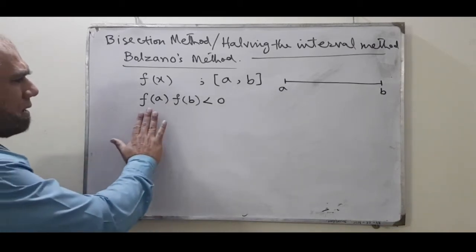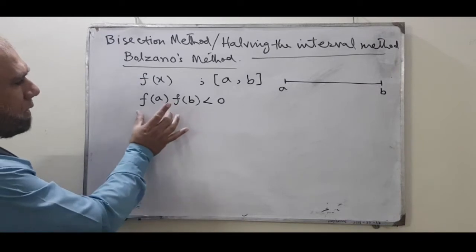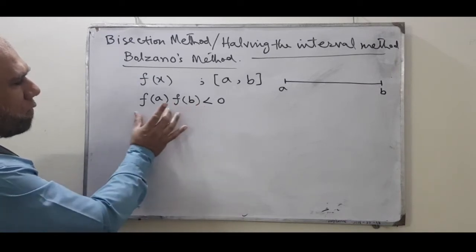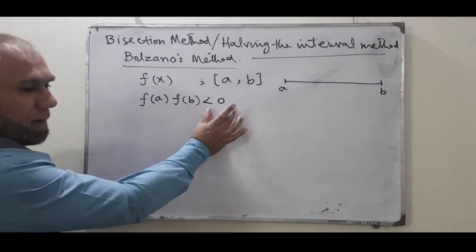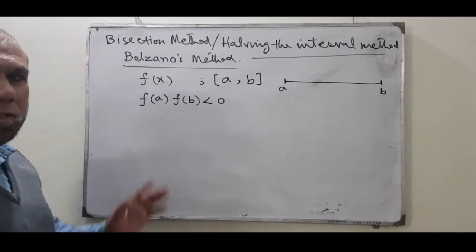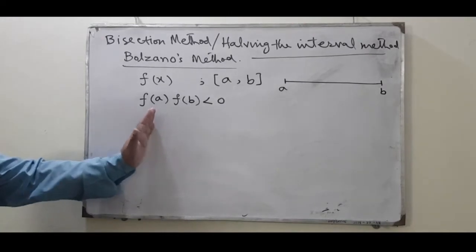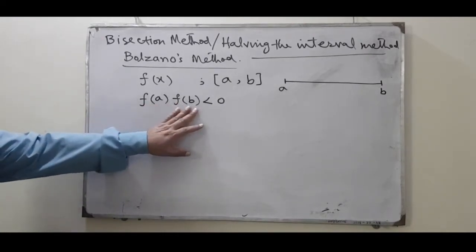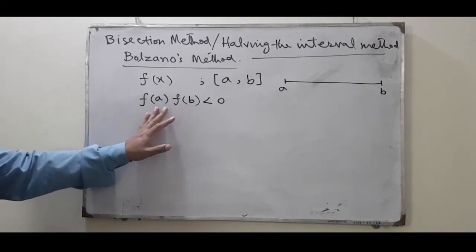Now, whenever the product of two quantities is a negative number, one of them should have the positive sign and the other the negative sign.